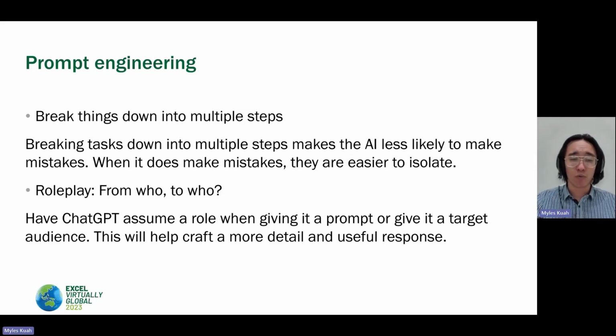The next tip I've got is role play, from who to who. So having ChatGPT assume a role is extraordinarily helpful. You can have it say, explain this to me like you are a professor, explain this to me like you are a marketer. And that will significantly change how it explains or presents something. On the other hand, you can change who the target audience is.